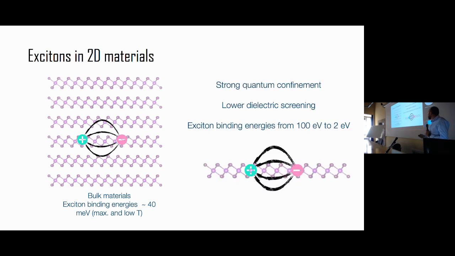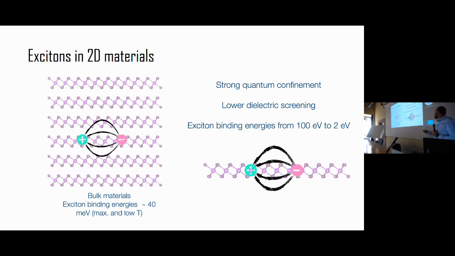When you go to 2D materials like MoS2, you reduce the screening a lot because basically you take a material out. It has particularities, as we saw yesterday in the talks on GW. And the exciton binding energy can grow a lot, no?